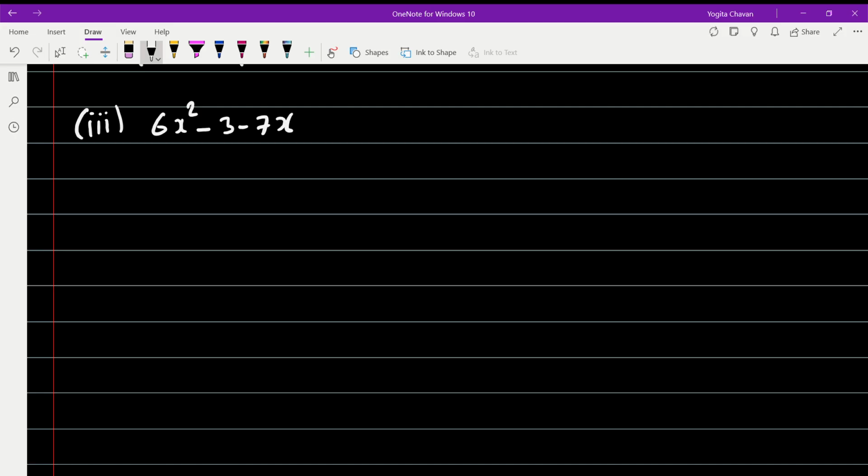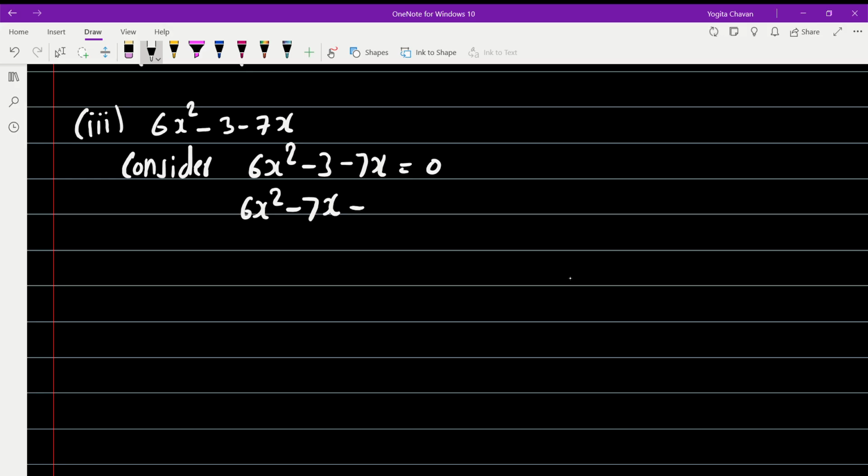So first we find zeros of this polynomial. So consider 6x square minus 3 minus 7x is equal to 0. Now this is same as 6x square minus 7x minus 3 is equal to 0.